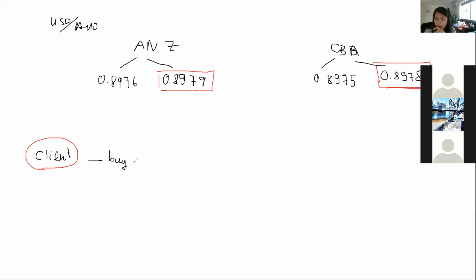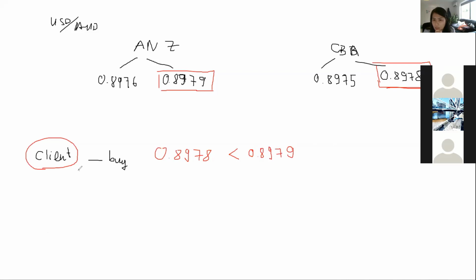As a client, I want to be buying at a cheaper price. Comparing these two numbers, the CBA rate looks better for me because I can pay a lower price. So we buy from here, which is cheaper than the ANZ rate of 0.8979.